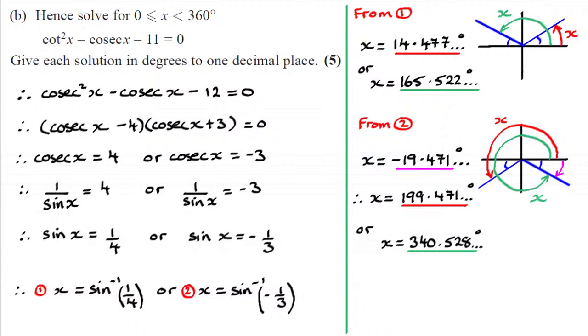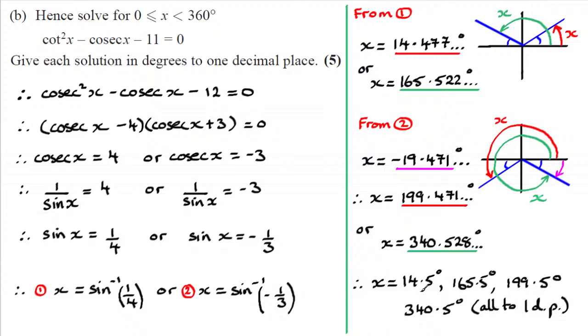And that will give you 340.528 and so on degrees. Don't forget though, you had to give each solution correct to one decimal place. So summarizing, there they are. X is 14.5 degrees, 165.5 degrees, 199.5 degrees, and 340.5 degrees. Each of these are all given to one decimal place, okay?